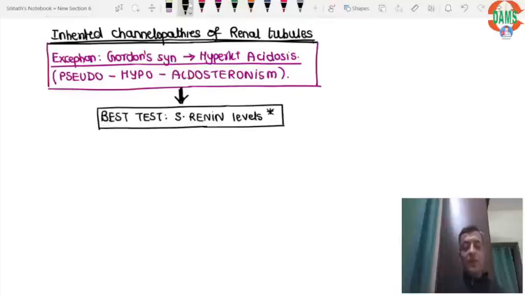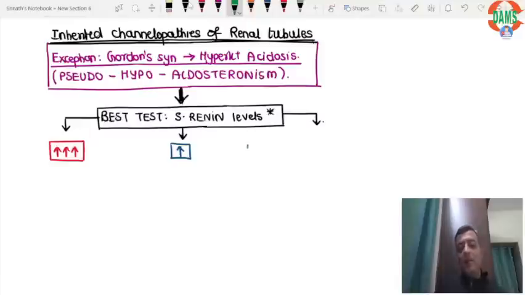So based on the serum renin level, we can reach three diagnoses: when the renin levels are grossly elevated, when they are mildly elevated, and when they are unmeasurable. They are not elevated, they are absent.